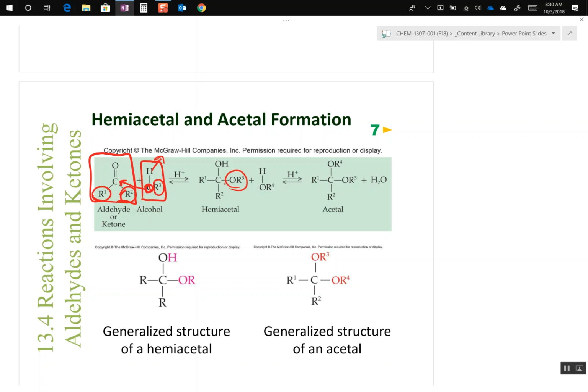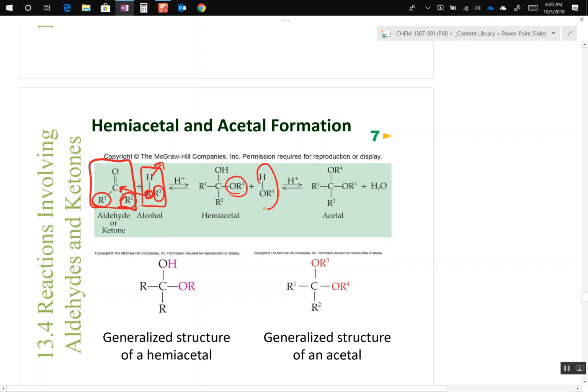All right, so you're going to form that hemiacetal, and then that can further react into an acetal with another alcohol. So once again, the OR4 is going to replace the OH that's formed when you cause the hemiacetal to form.